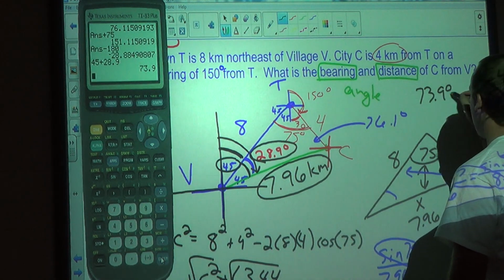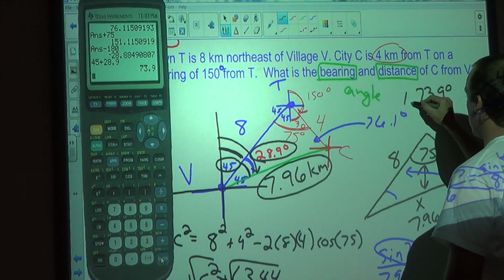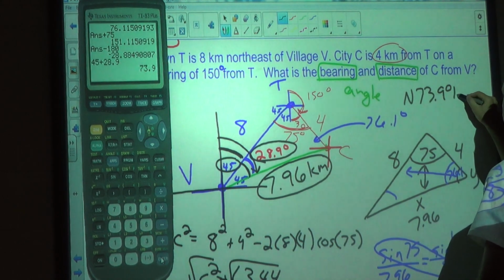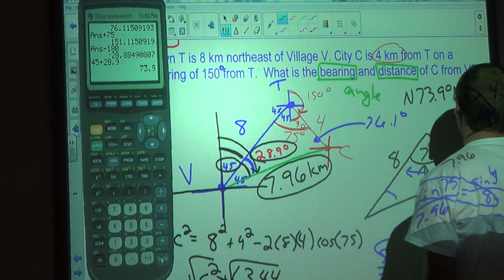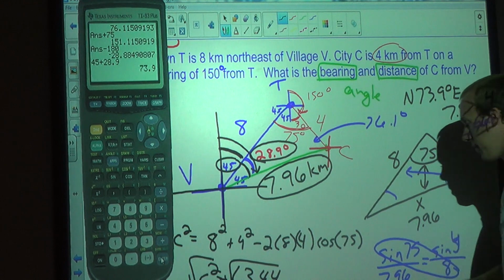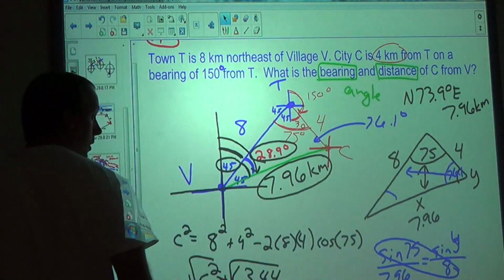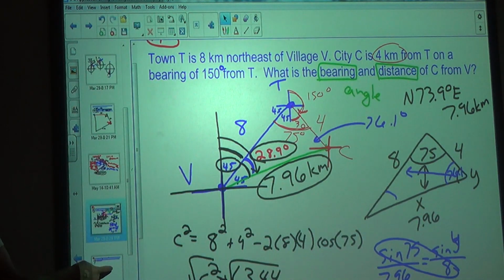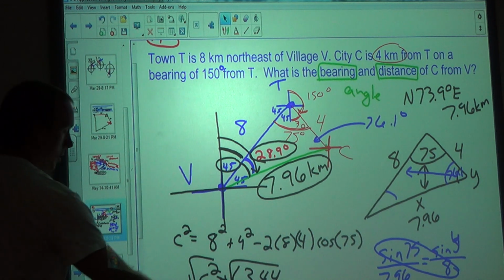And then you could do this too. You could go north 73 to the east because it goes in the eastward direction if you want. And then the distance would be 7.96 kilometers. Okay, so we got that there. Alrighty, questions on that?